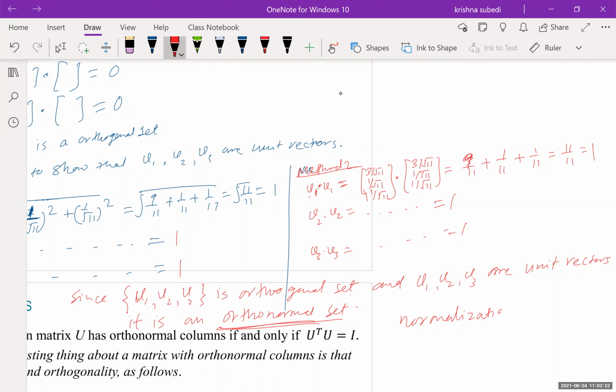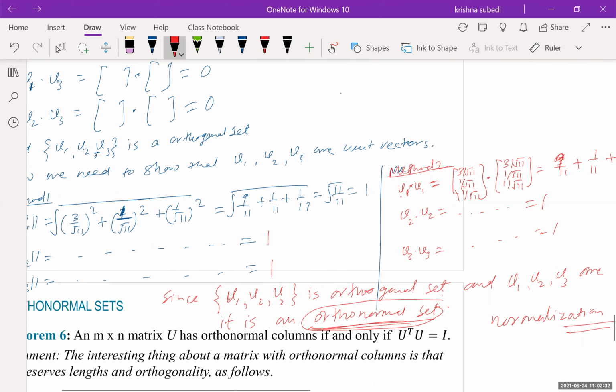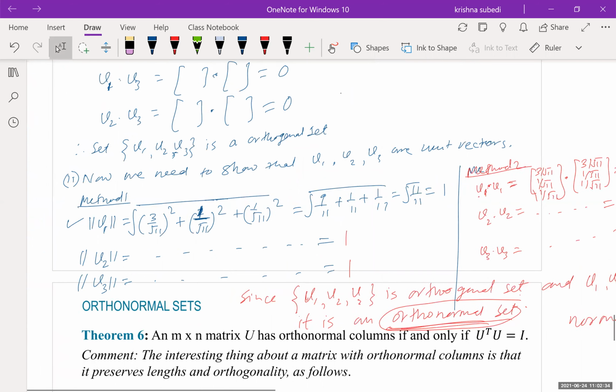The process of finding the orthonormal set is called orthonormalization. All right, so if you have any question, let me know. Otherwise, we are done with this section. In our next section, we will look into orthogonal projection in further detail, okay?